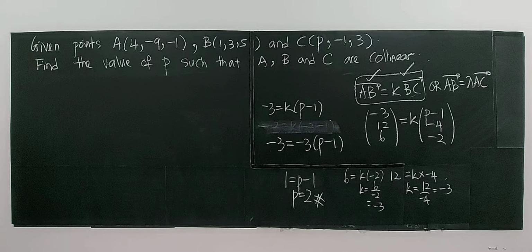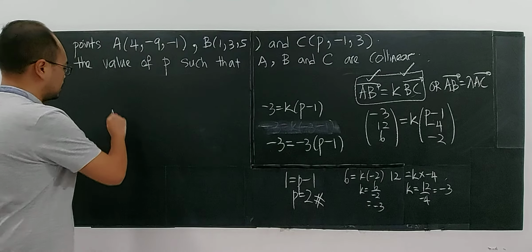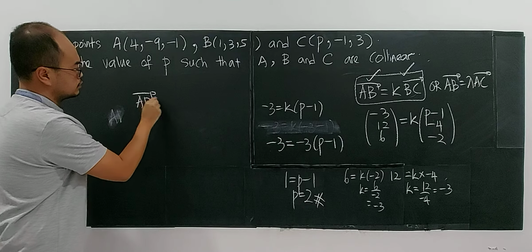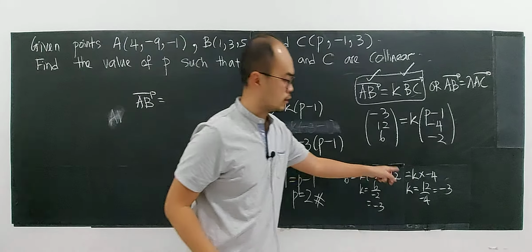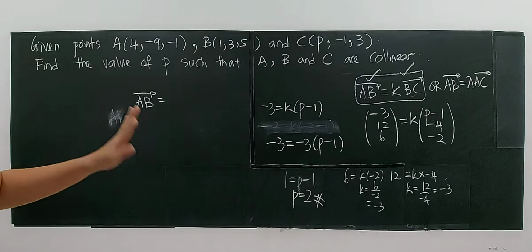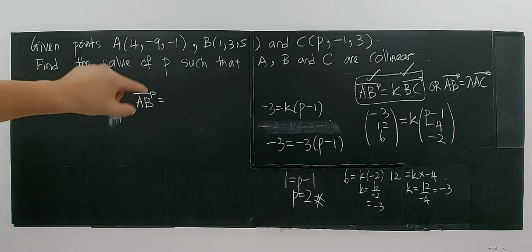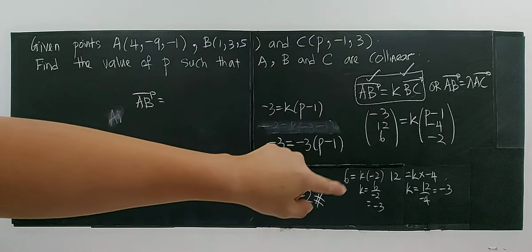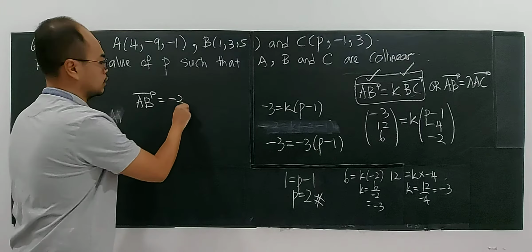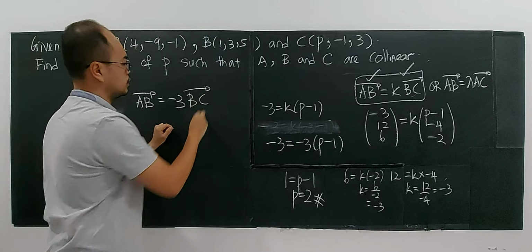So from the observation here, we know that AB is, you see the scalar here. I just add extra for you. You can stop the video if you think it's enough. So now I just explain in more depth for you. So AB, I know, is negative 3, right? Negative 3 of B to C here.